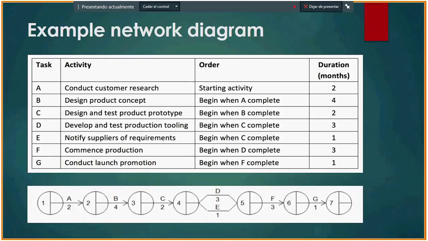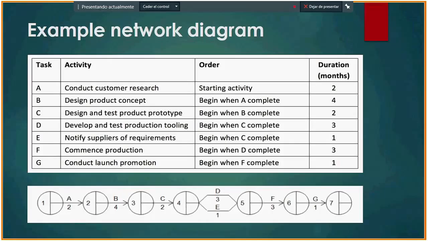And duration, for example, in months, task A is 2, task B is 4. This example explains how the critical path for a project is determined. The main components of a network analysis are summarized below.